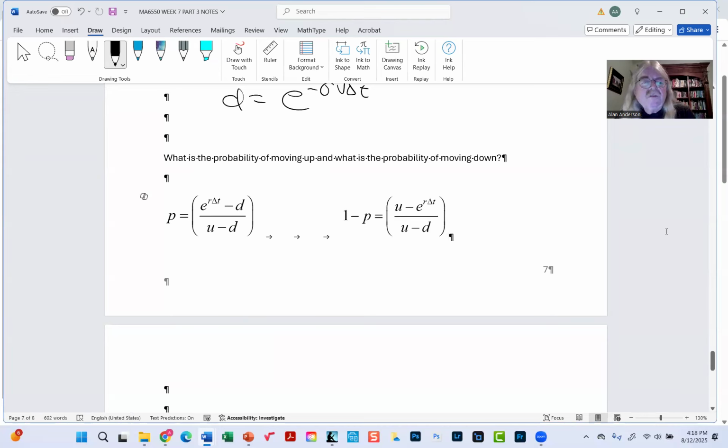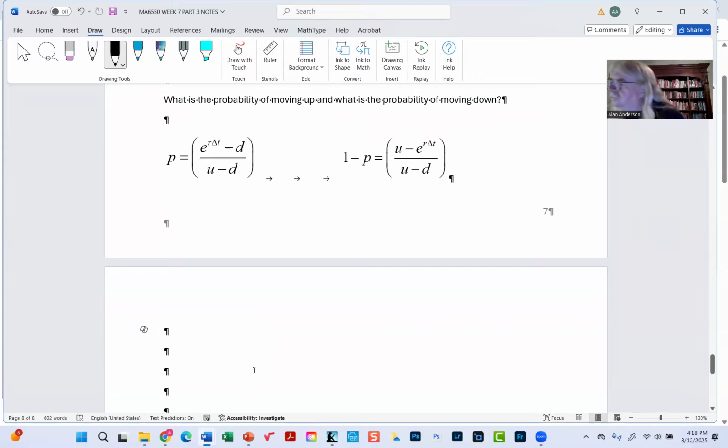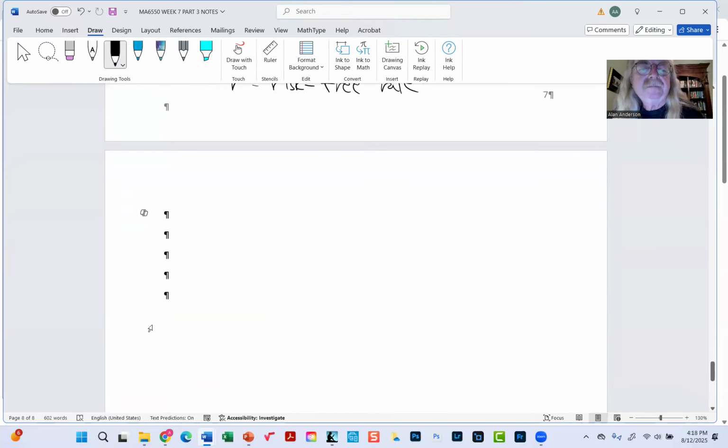And everything here we defined so far: U and D, and R is the risk-free rate of interest. And of course, delta t is the size of the time step. Those are my probabilities.